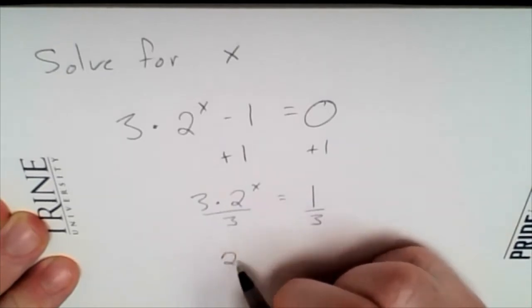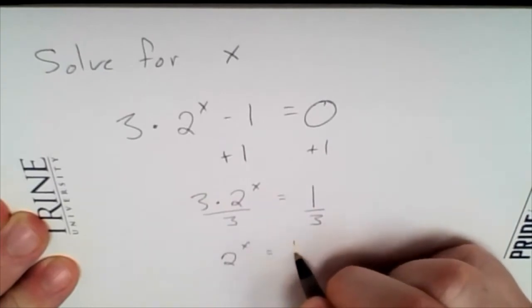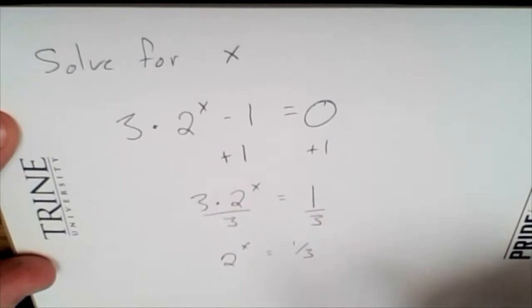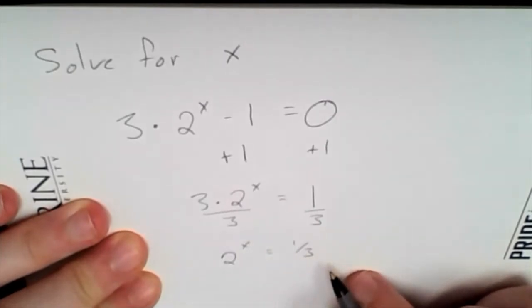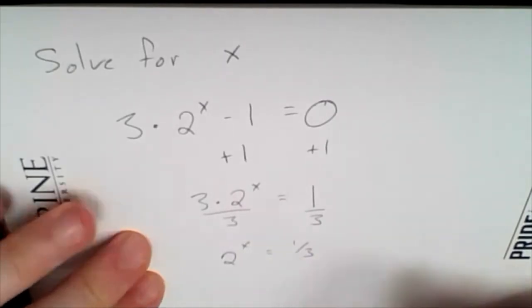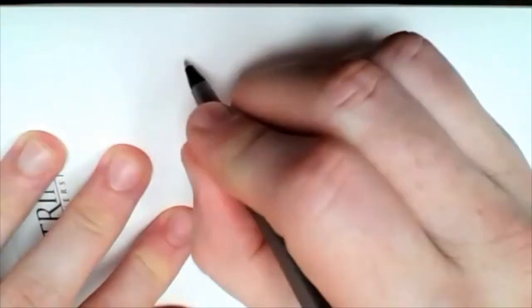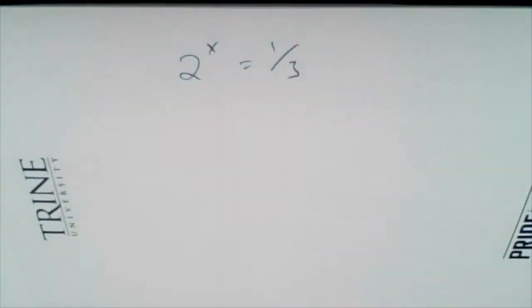On the left, I'll have 2 to the power x, and on the right, I'll have 1/3. This is looking a lot simpler now because here is that exponent that I'm having trouble with, and now it's just equal to a fraction. Let me copy that over. 2 to the power x equals 1/3.